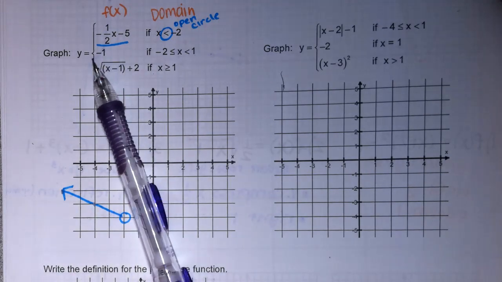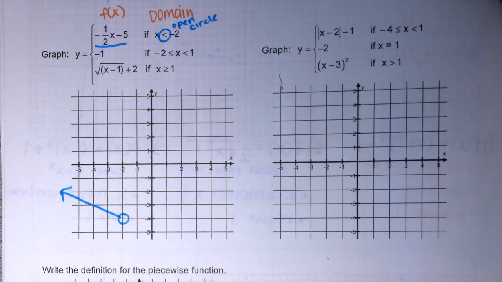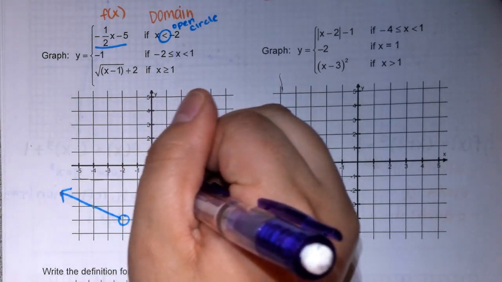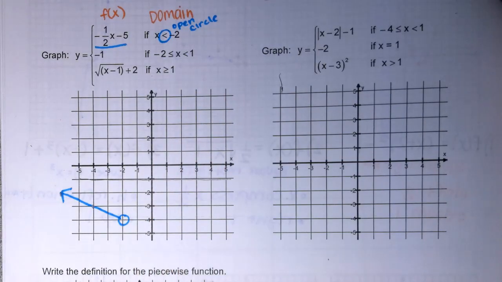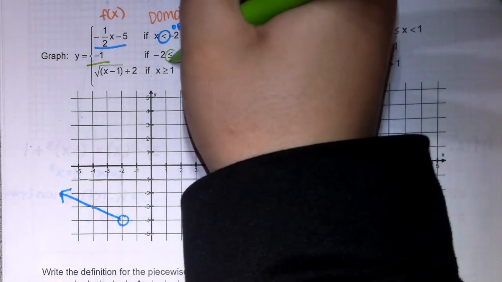My next equation is negative 1. How do I graph negative 1? Nope. It's a line because y equals negative 1. So what kind of line is that? A horizontal line at negative 1. Well, what are my restrictions here? At negative 2, what am I going to have?